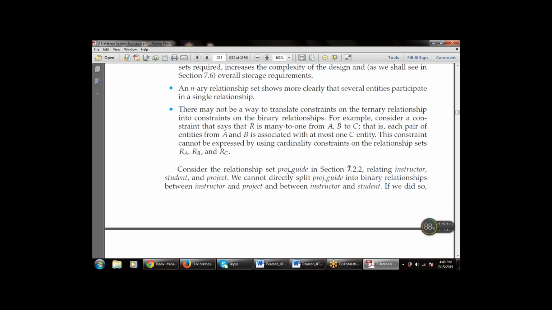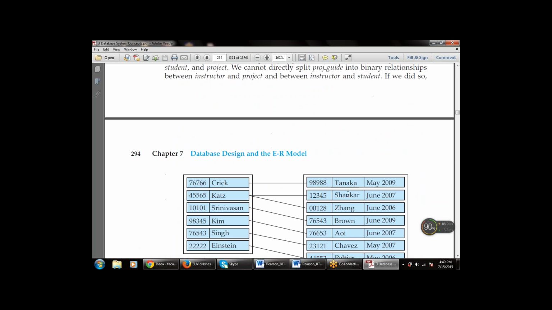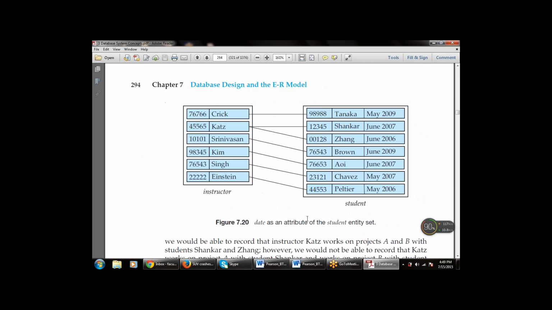Consider the relationship set proj_guide in section 7.2.2 that relates the instructor, student, and the project. That is how the various entities are related with each other: the instructor, the student, and the project. This is the date as an attribute of the student entity set.